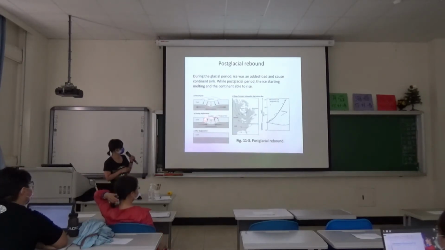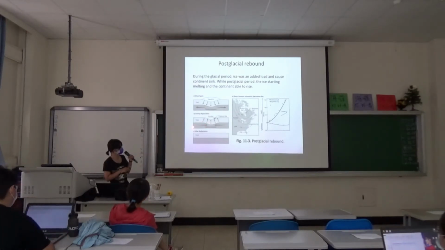In this diagram, the ice started melting, the load became lighter, and the crust is rising until... And C is where the crust has become balanced.